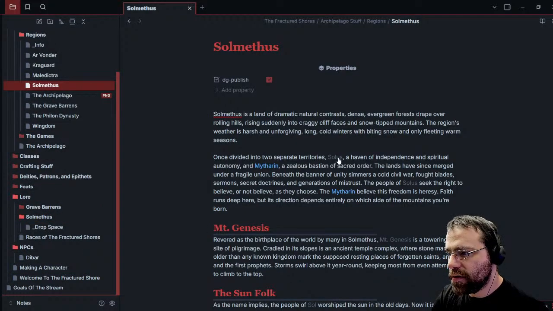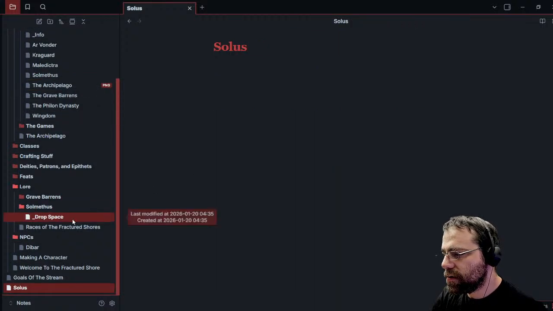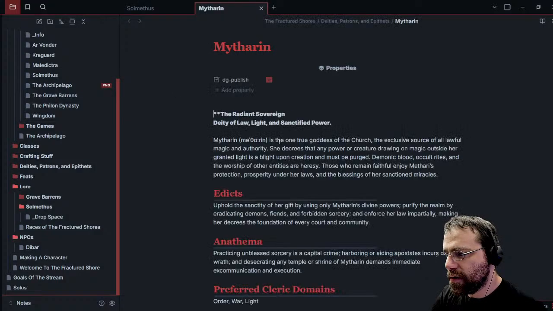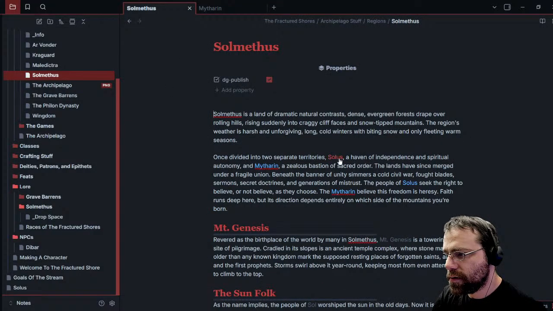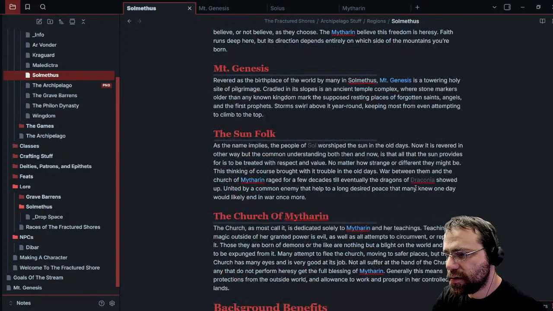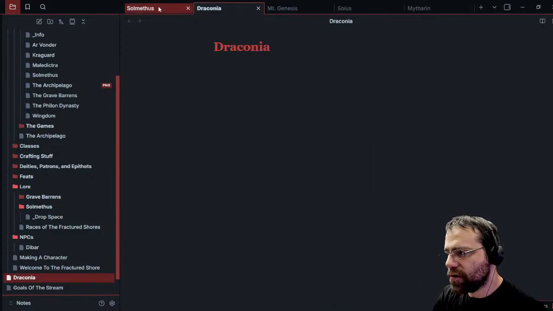We need Solus, and I also serve Matharin, Mount Genesis. I put Draconia in there. I can start the multiverse with that.